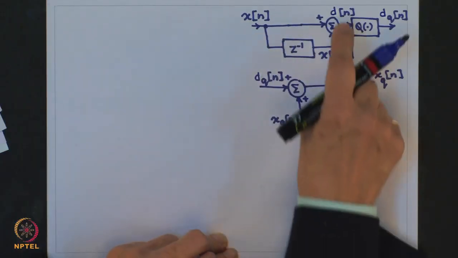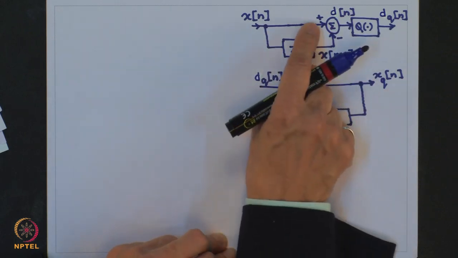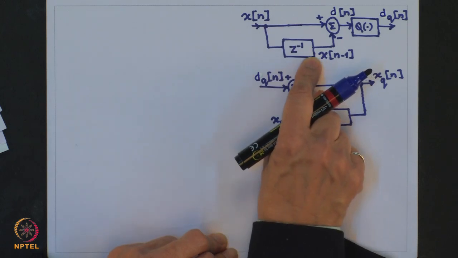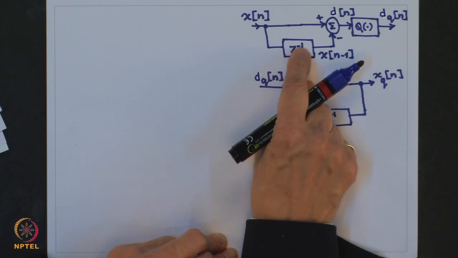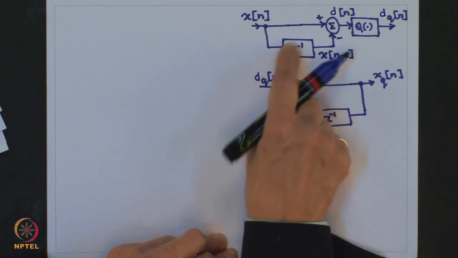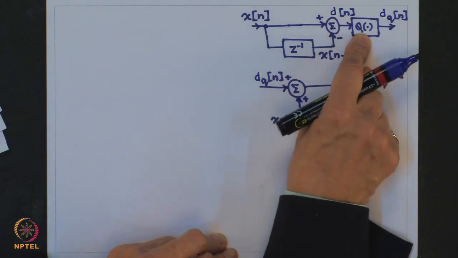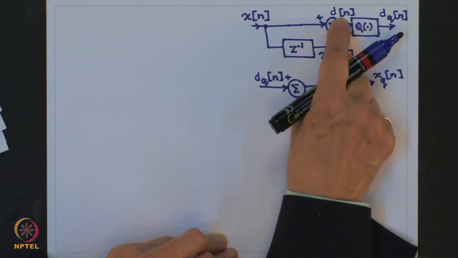In our case, what is really happening is something like this. We have an xn sequence and we obtain the difference sequence by taking the difference between the current value of the sample and the previous value of the sample, which is denoted by this block. This z minus 1 denotes the delay of 1 unit. So, I get my dn, then I pass it through a quantizer and I get my quantized value of the difference.